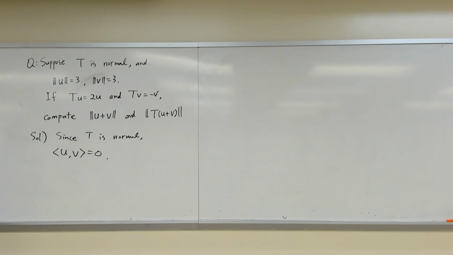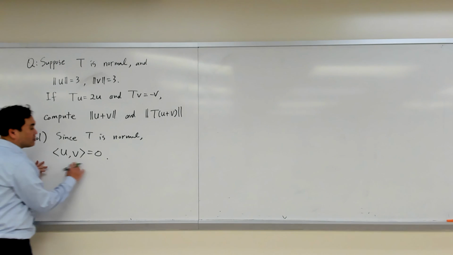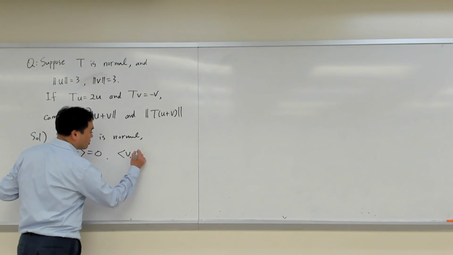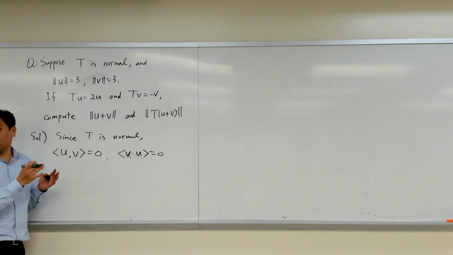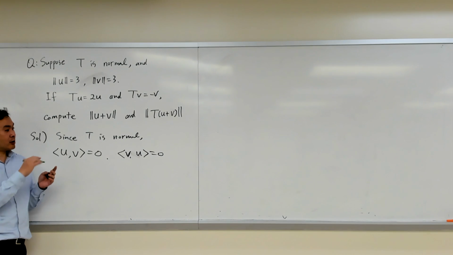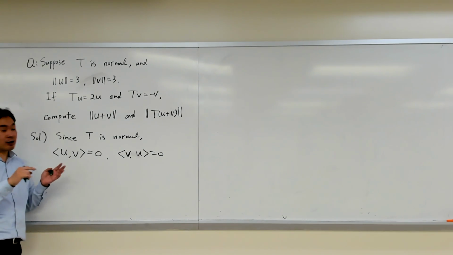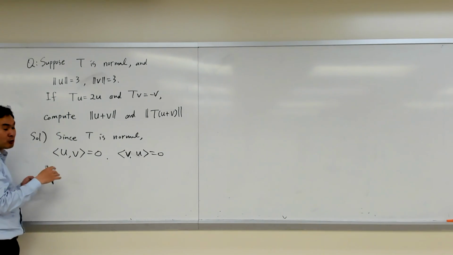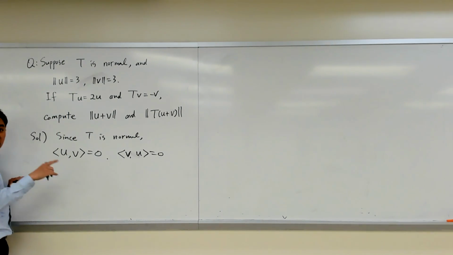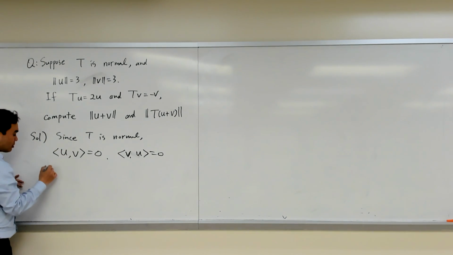Now automatically, if <u,v> is 0, then <v,u> is 0 as well, because these are complex conjugates of each other, and the complex conjugate of 0 is 0. So we get these two for free just because of the normality and one of the theorems that we covered for normal operators.